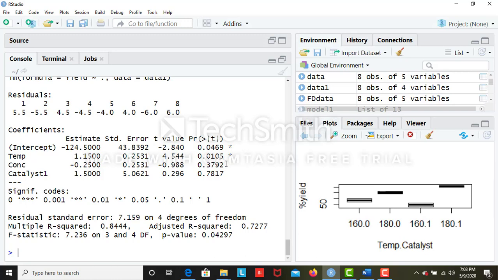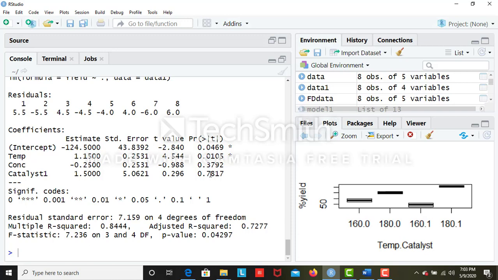And looking at the R squared, the percentage of the variation being explained is 84%, which is not too low, but we would want the best model that we can get out of this analysis. So this will be our first model.